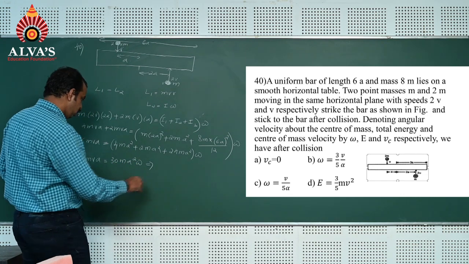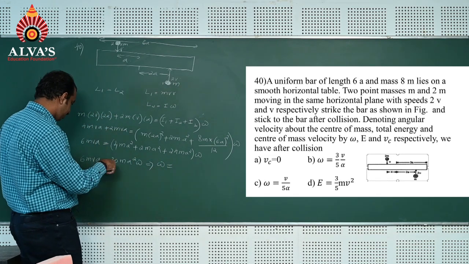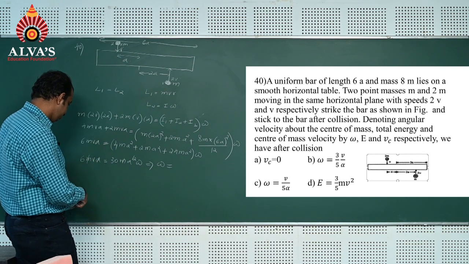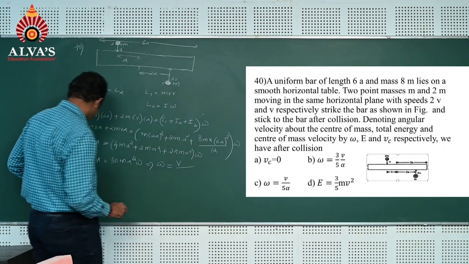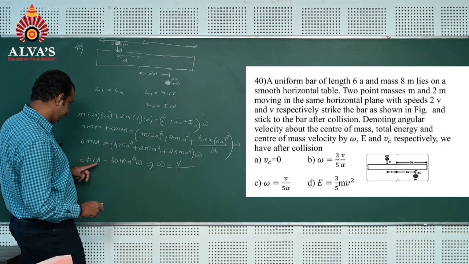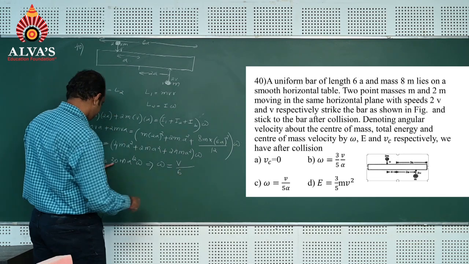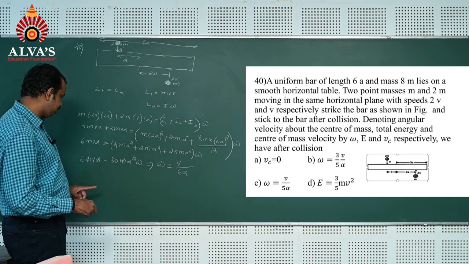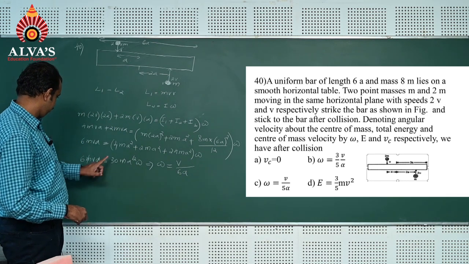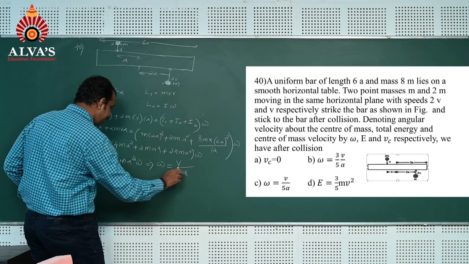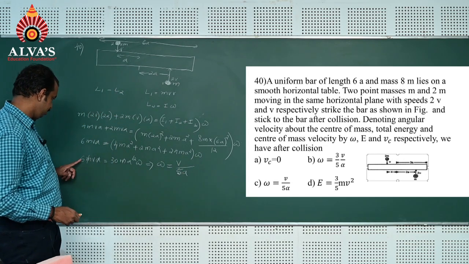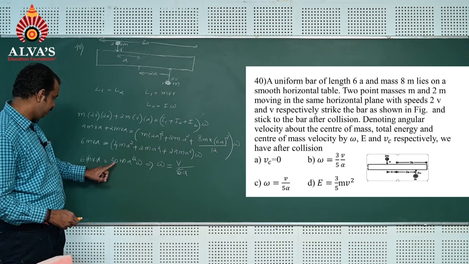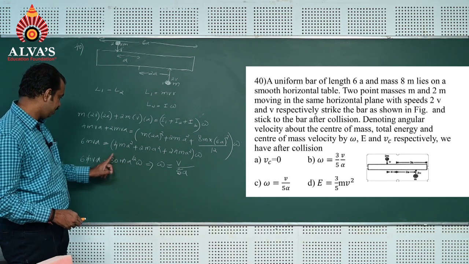That implies omega is equal to 6 by 30, so 5 times; m gets cancelled and a gets cancelled, leaving v divided by 5a. 6 cancels, m cancels, v only remains, and one a gets cancelled.